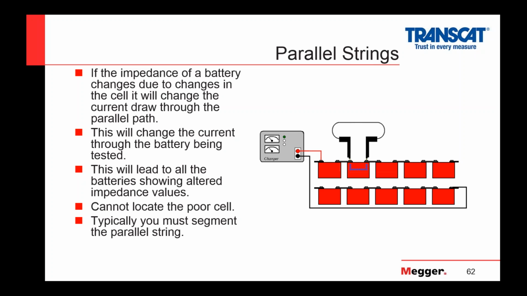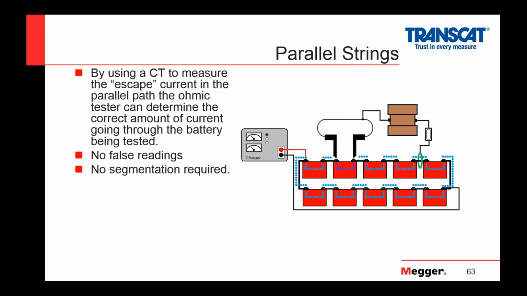If I have a cell that has gone bad, what can happen is that it will change the impedance on both. It'll change the current flow through both strings of the battery. So typically, what's recommended is to segment parallel strings, but there is another alternative. Some battery testers have the ability to measure escape current in parallel strings.